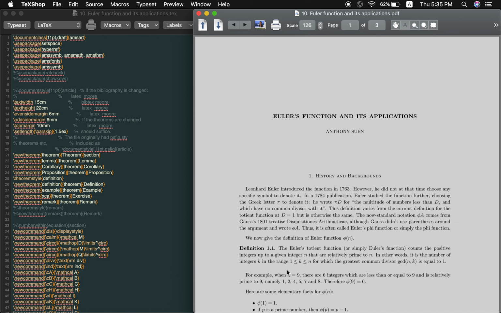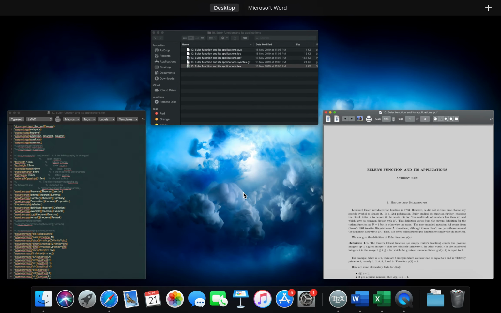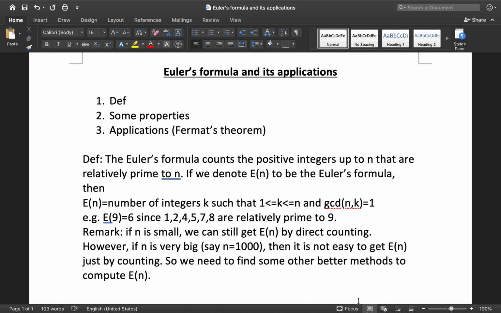Okay, let me just go back. Anyway, so we just have the definition. So we still have a lot of things to do, as I said, because in the very elementary computation, or just by direct counting, it's not a very good way to get the value for the Euler's formula.